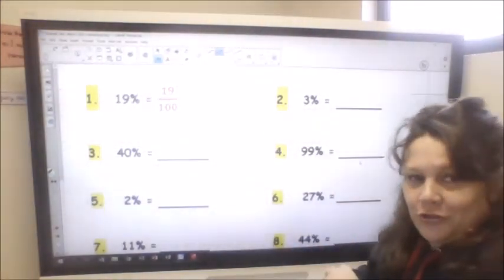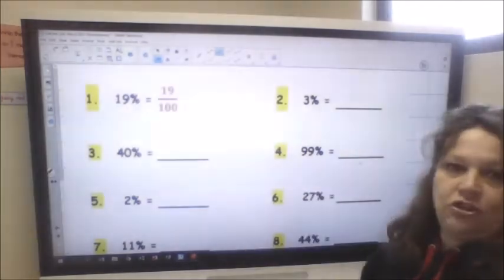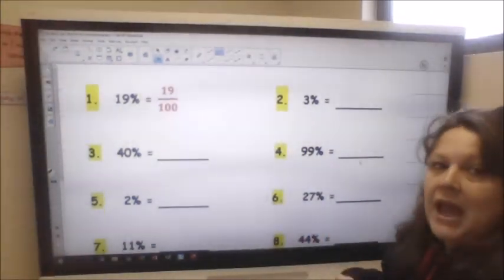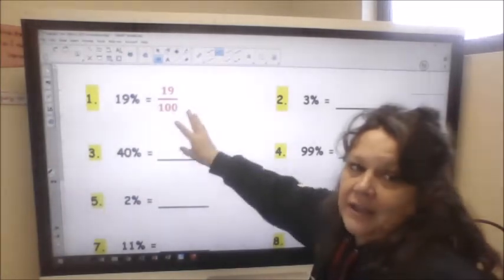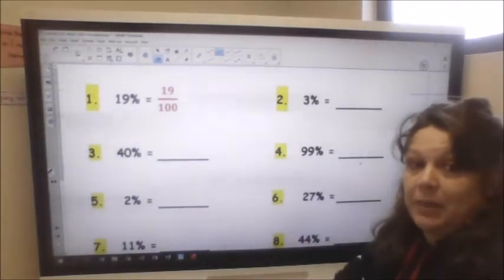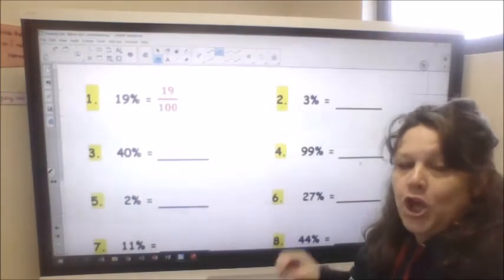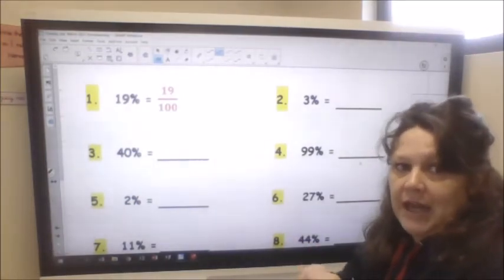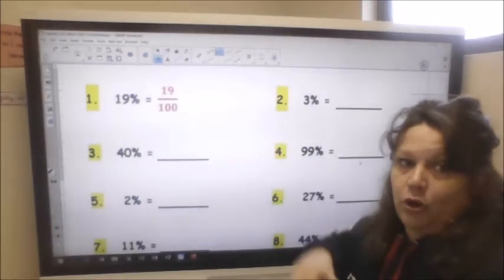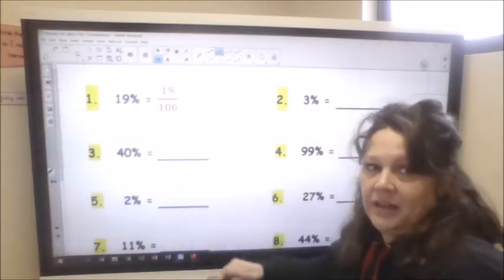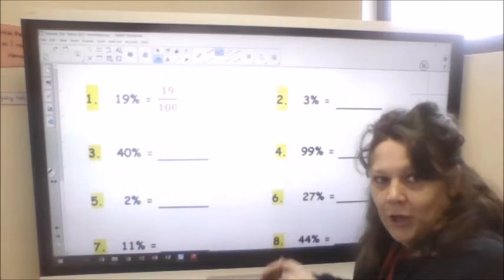So what you've got on the board here is 8 questions, and you are going to write them as fractions just like that. So underneath the last piece of work that you did, you are going to leave a line and write 19% equals 19 over 100. 40% equals, okay?